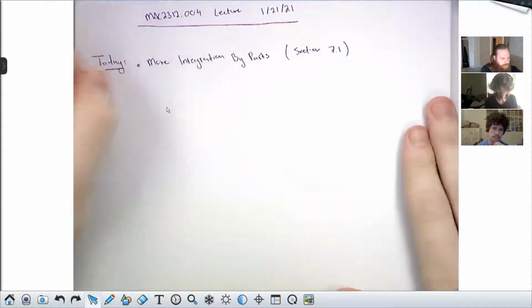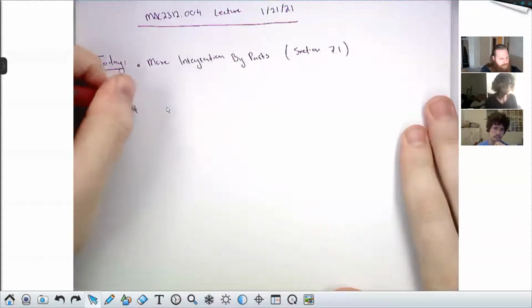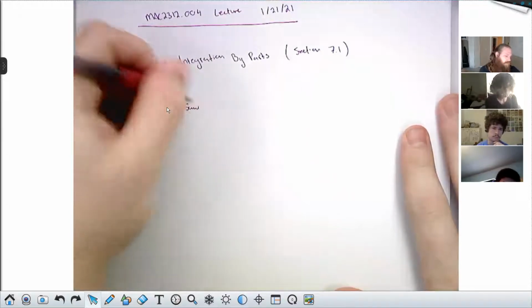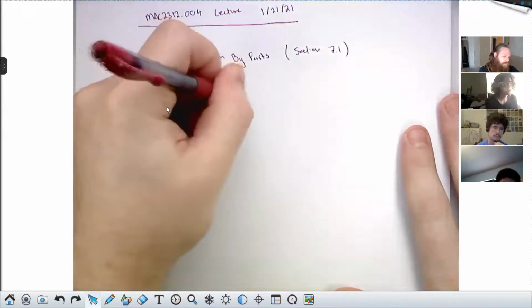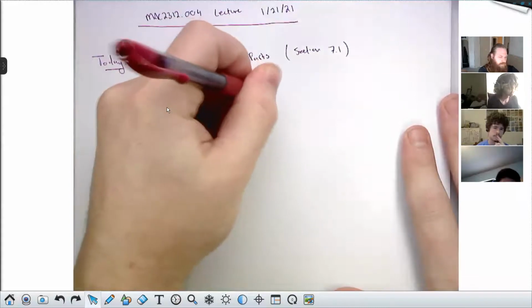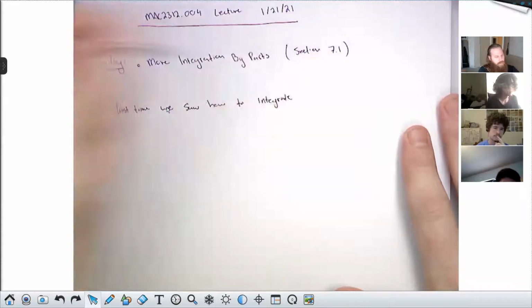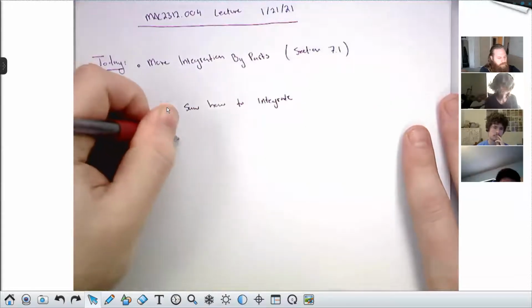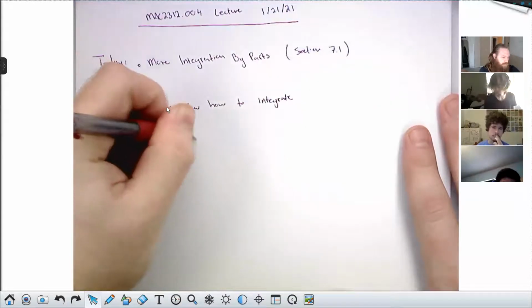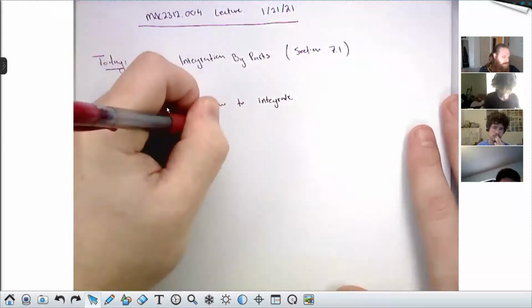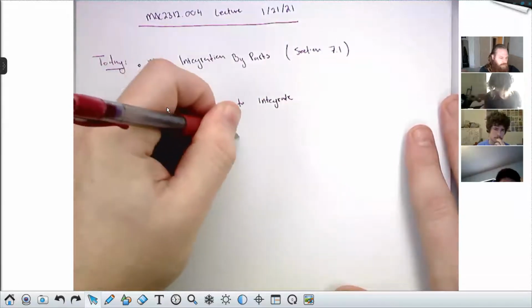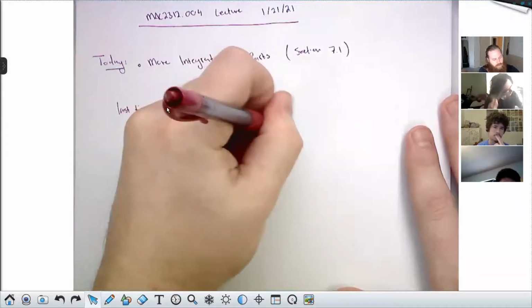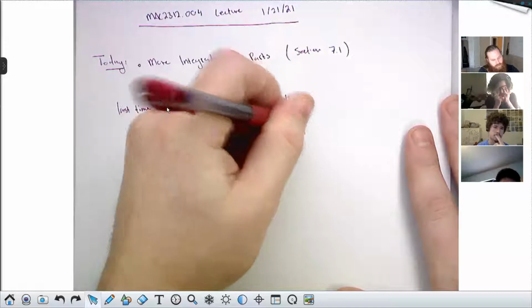I'll remind you real quick, last time we saw how to integrate polynomials times something like e to the x or cos x or sine x.